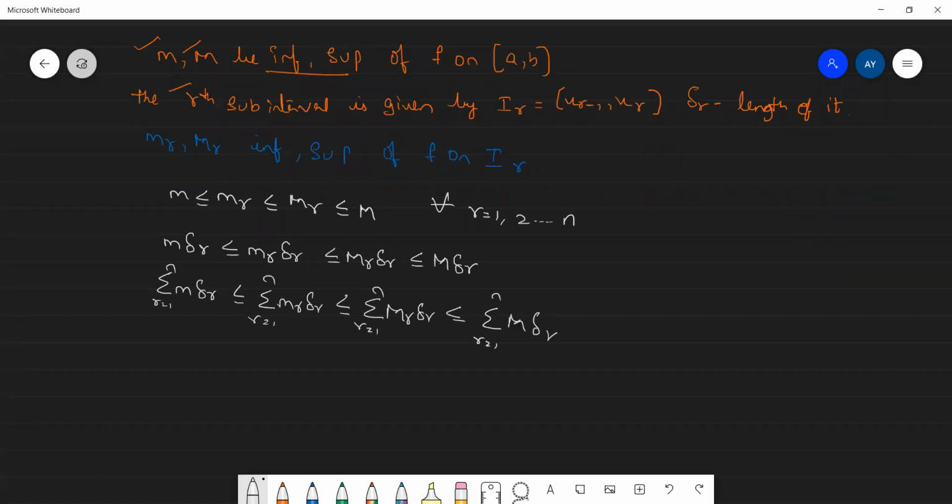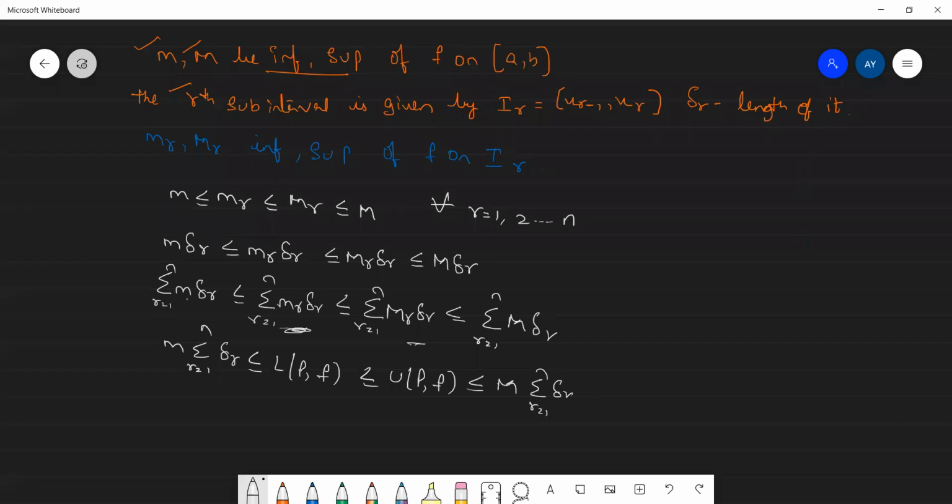Now we take m out, because there is no r over there: m times summation r equals 1 to n of delta r. The middle terms are L(P, f) and U(P, f), which are less than or equal to capital M times summation of delta r.